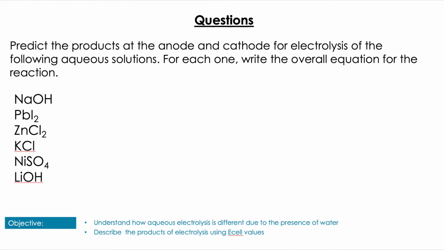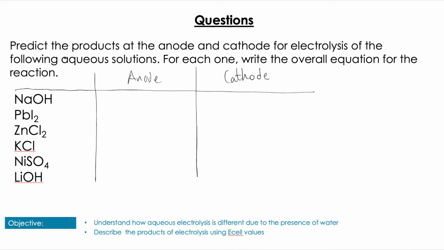Okay, I'll go through these answers. I'm not going to go in any detail. This is more just checking your answers. So best way to do this is probably with a table where we can have the anode on the left and the cathode on the right. And there are a couple in this list that I think I'll just make a note on. Pretty normal here.